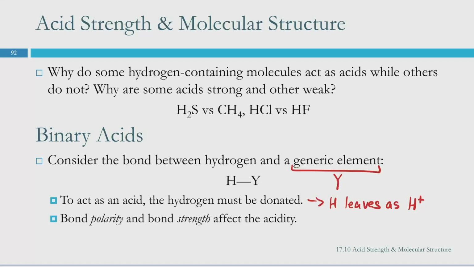And so some things that are going to play a role here are bond polarity. So how big is the electronegativity difference? So our difference in electronegativity and our bond strength.